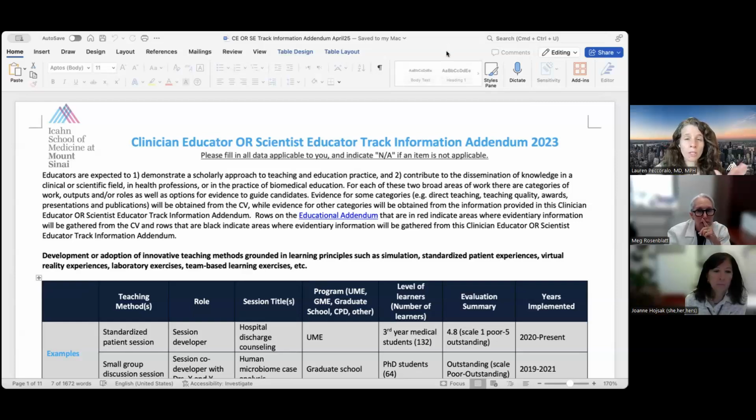While we're talking, I'm going to pull up the CPAL addendum as well. Let's see a comment in the questions. Chris asks, how is the time spent working in education administration internal to Mount Sinai, clerkship directors, et cetera, weighted?